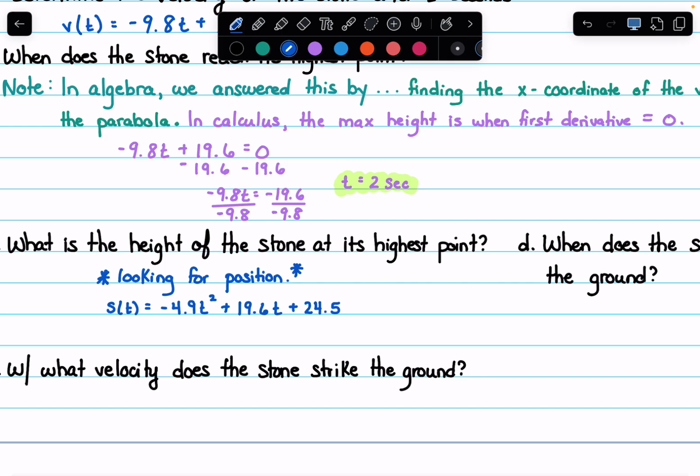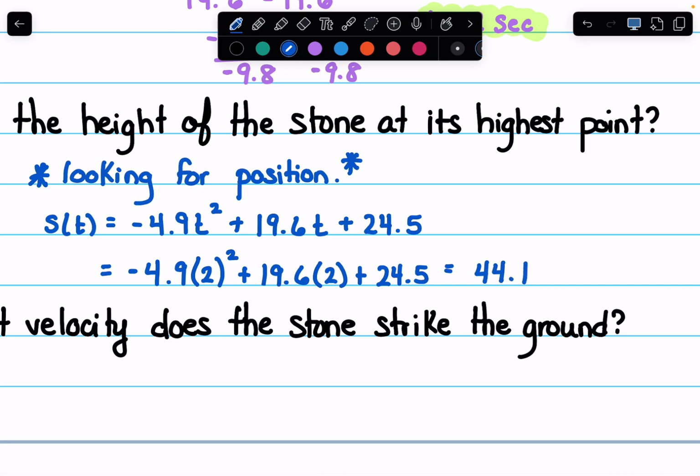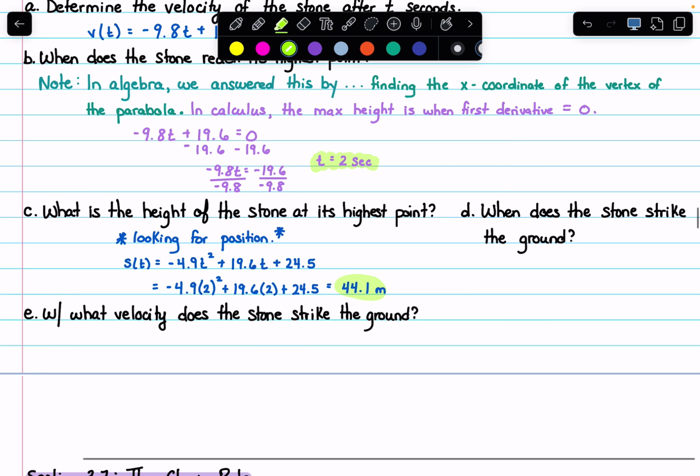So the height of the stone at its highest point would be us just plugging in 2 for t. That would give us 44.1 meters. Okay.